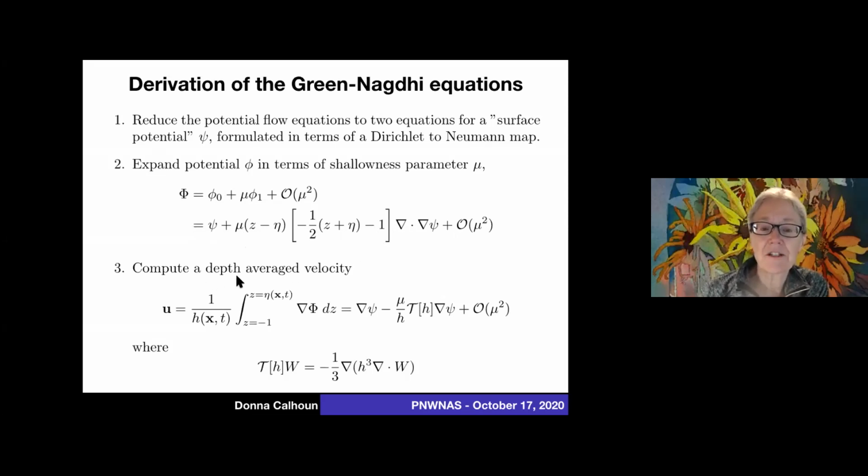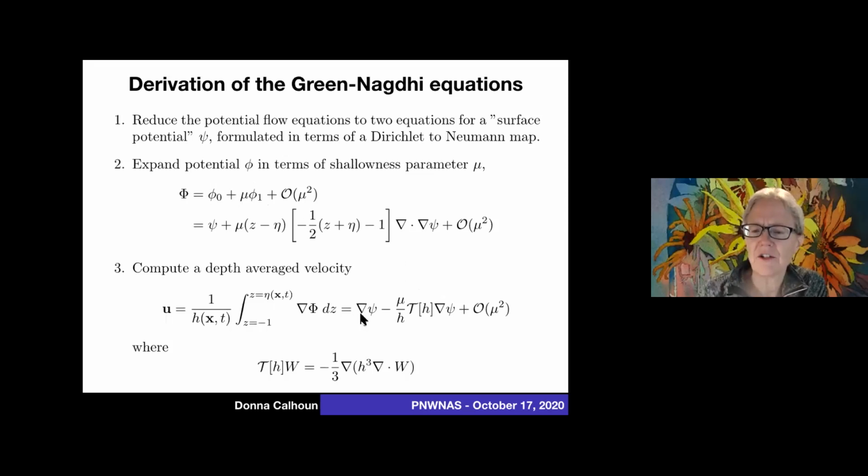And then we can actually average the gradient of this potential, okay? So we can do a depth average of this gradient to get an average velocity field. And if we carry this out at the 0th level, we effectively get the shallow water wave equations.